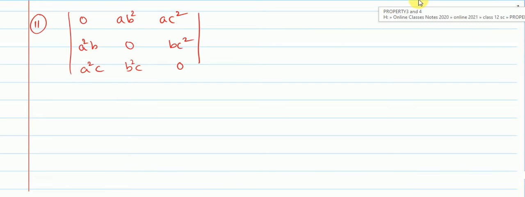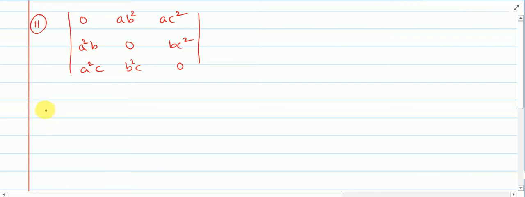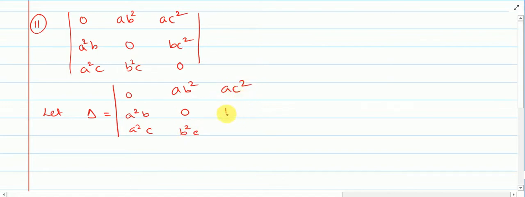Now let us see question number 2. So we will write let delta be equal to this 0 a square b a square c ab square 0 b square c ac square bc square 0.